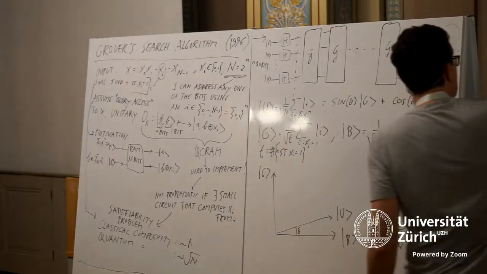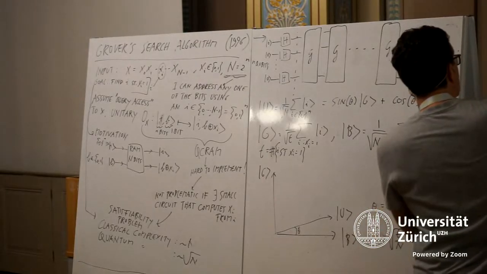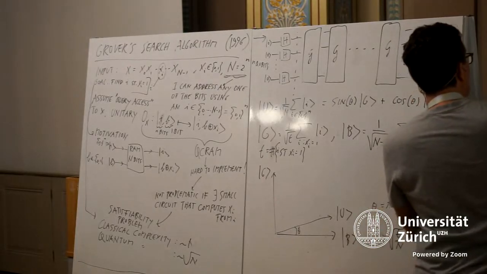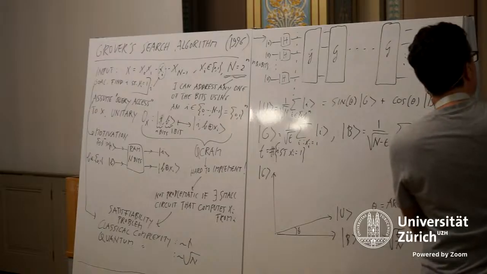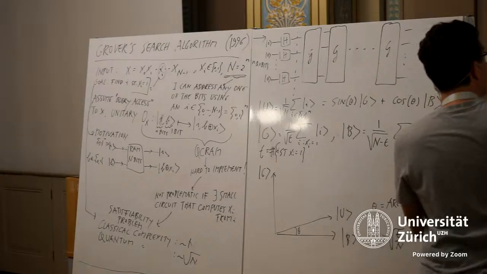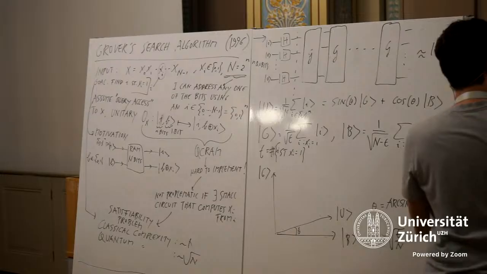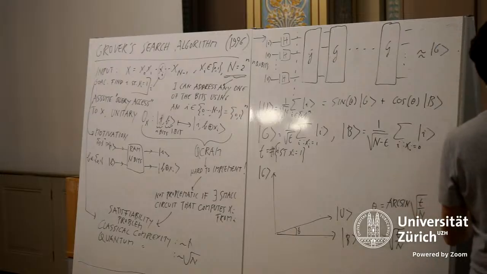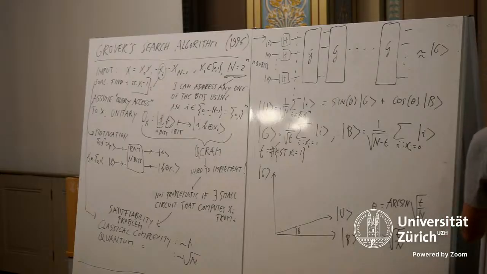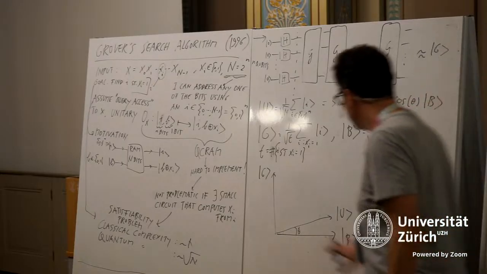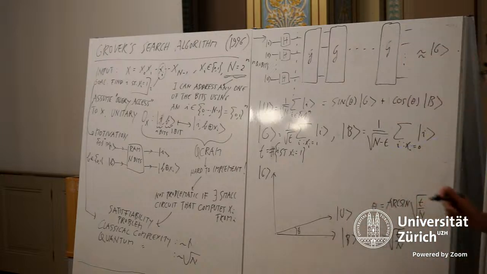So one Grover iteration G is the product of two reflections. And when I say reflection, it's going to be reflection in this simple two-dimensional picture spanned by the good state and the bad state. Product of two reflections.